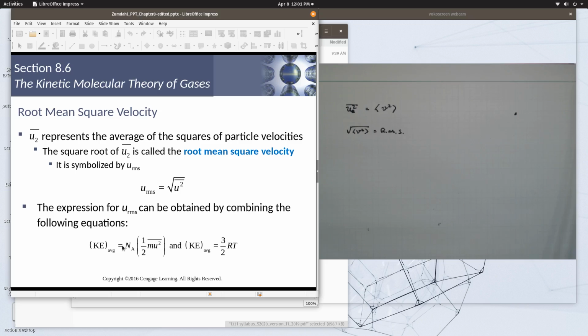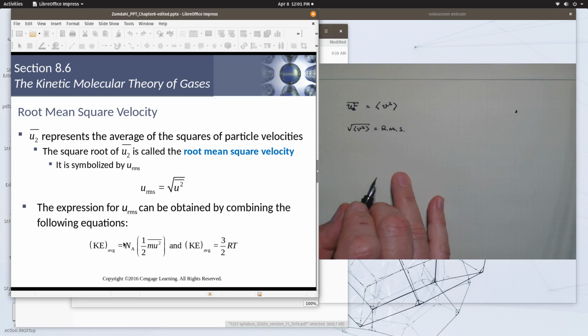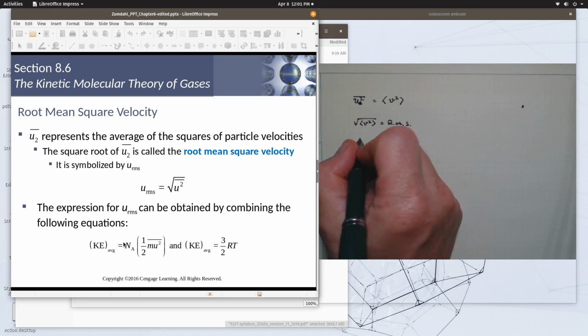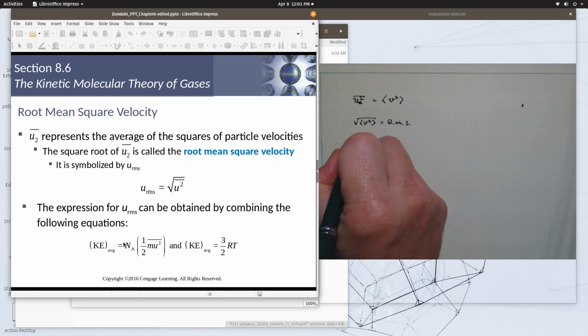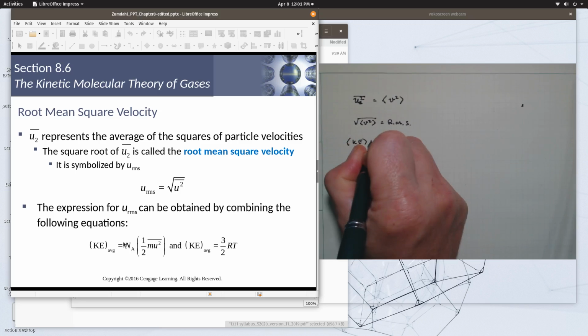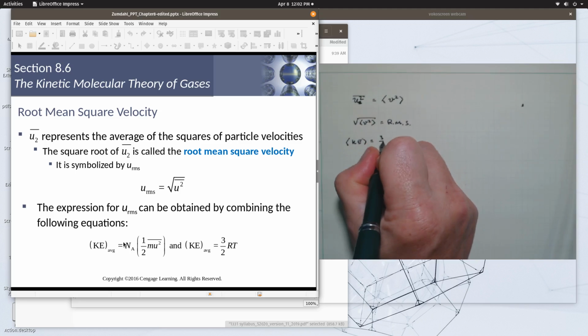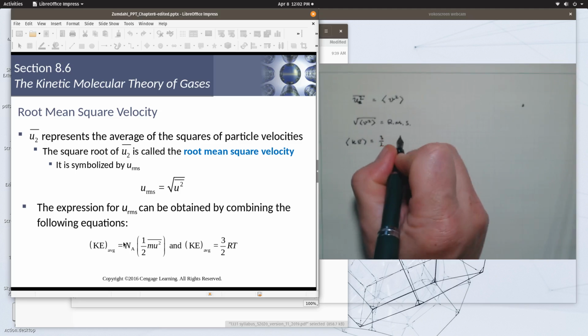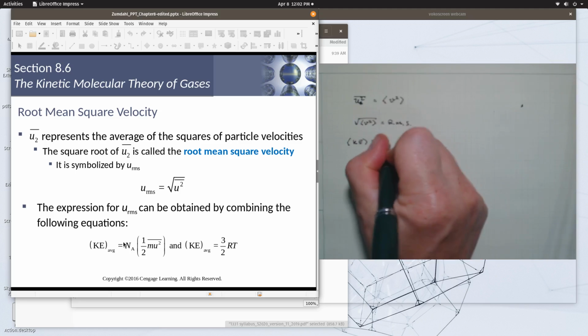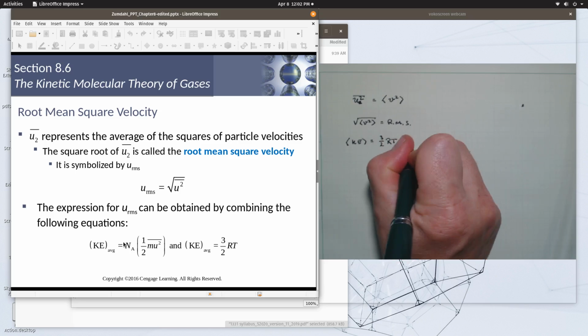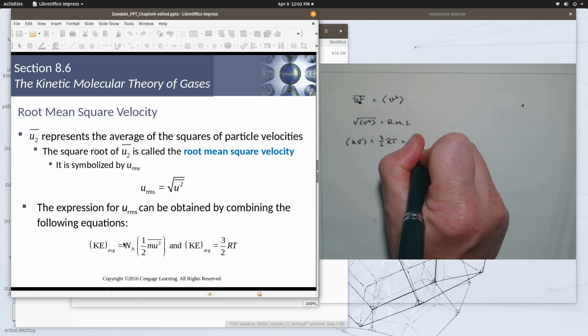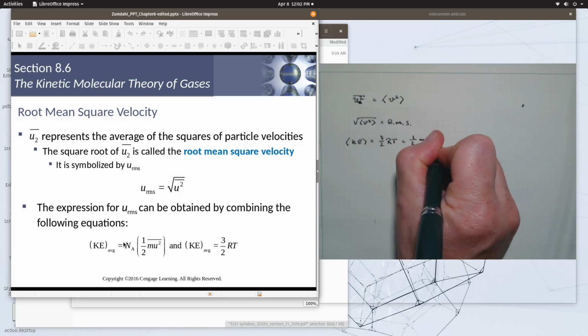I can obtain that very easily. I know that the average kinetic energy is equal to 3/2 RT, and that's equal to 1/2 mass times velocity squared.